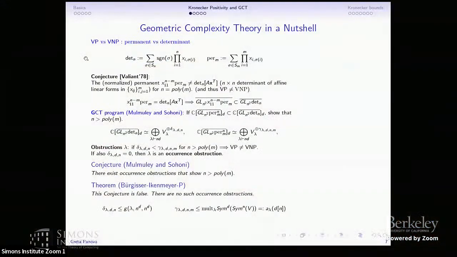So why was I talking about this Kronecker coefficient so far? For the Kronecker coefficients, there is this partition lambda here, and d, the two parameters. D is the degree of the regular functions, lambda, and then n to the d, n to the d. This is an upper bound for delta, the multiplicity in the determinant.